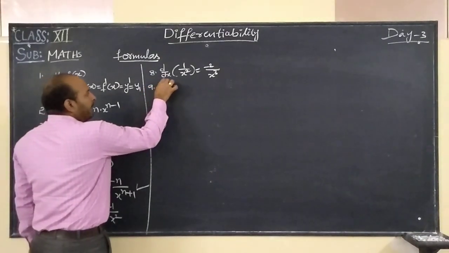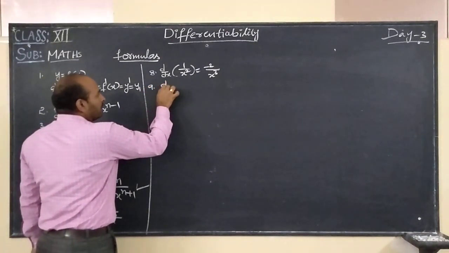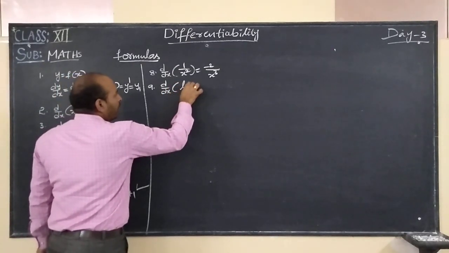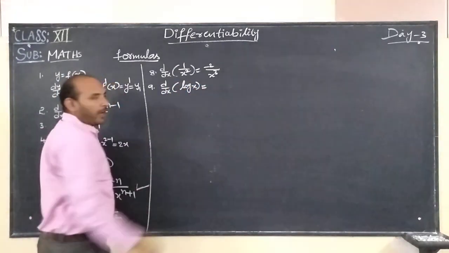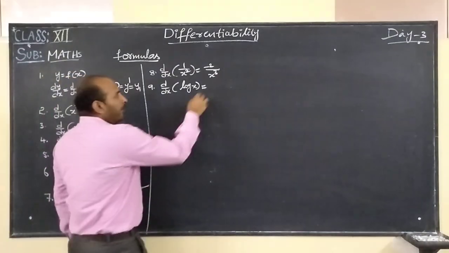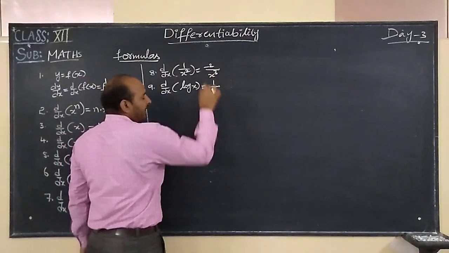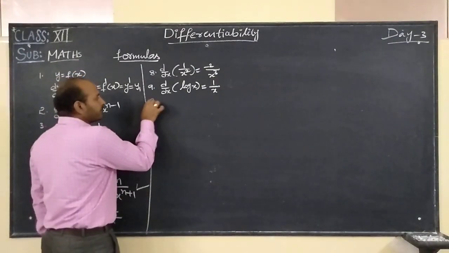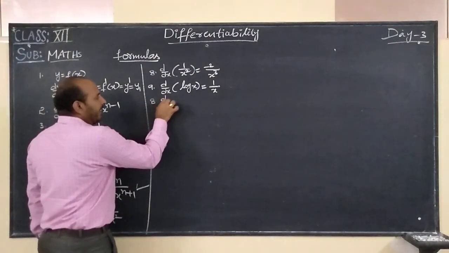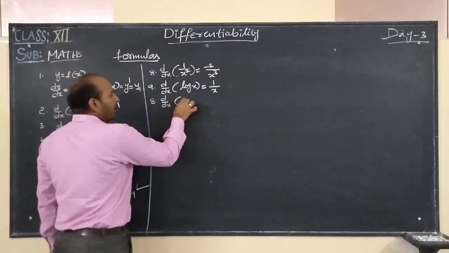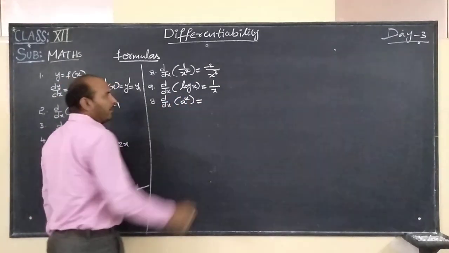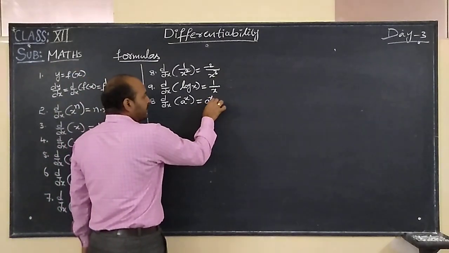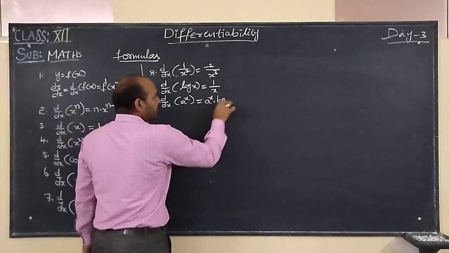Next, d by dx of log x. The derivative of log x is 1 by x, where x is not equal to 0. d by dx of a power x, the derivative of a power x, is a power x into log a.